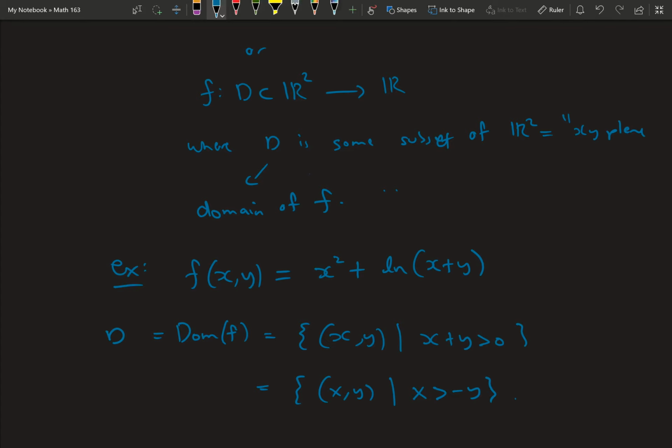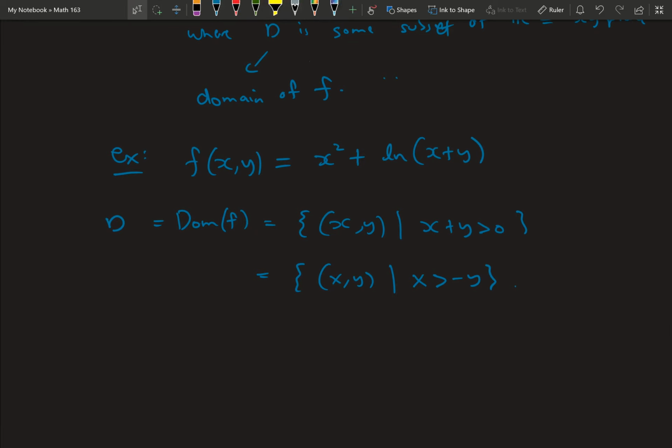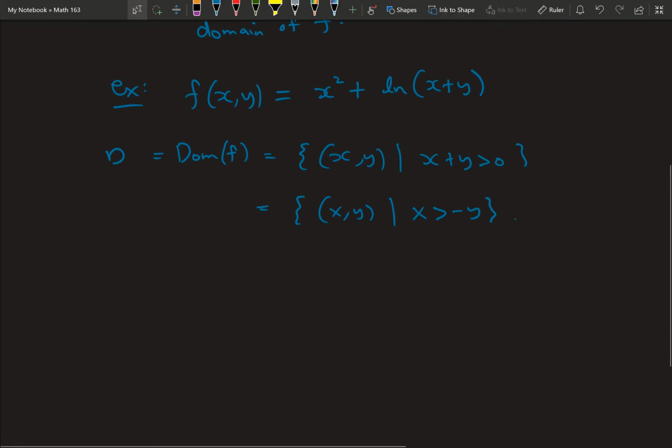Of course, you can map that in the coordinate plane if you'd like to, but that's the general idea for domains. They're very similar to how you see it in one dimension. It's just now the domain sits in 2 dimensions.